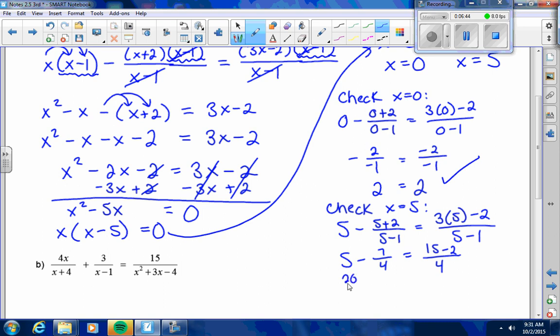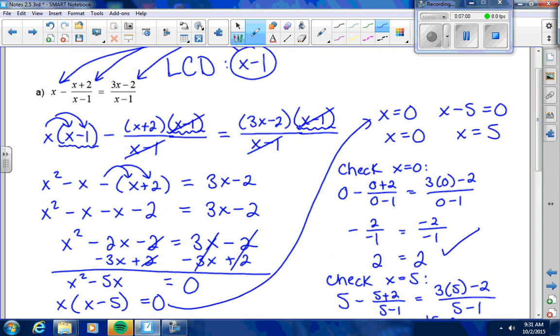So 20 over 4 minus 7 over 4 equals 15 minus 2 is 13 over 4. What is 20 over 4 minus 7 over 4? 13 over 4. So are those equal? Yes. So both solutions worked. So I go back up and I box both of them. Okay. Questions?